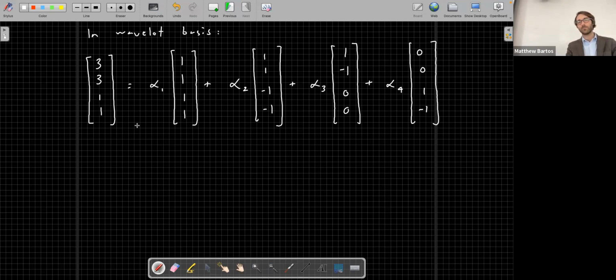So how can we represent this vector in our new basis? How can we add these up together to get our original vector in the standard basis?